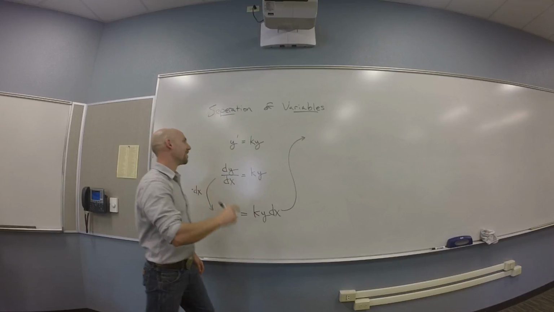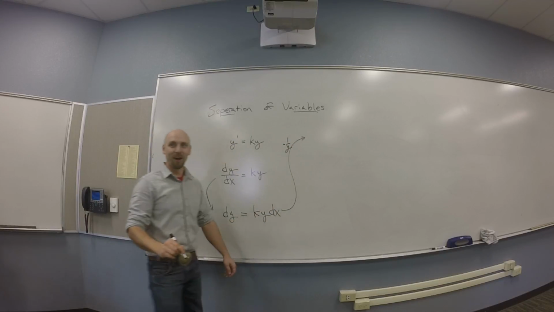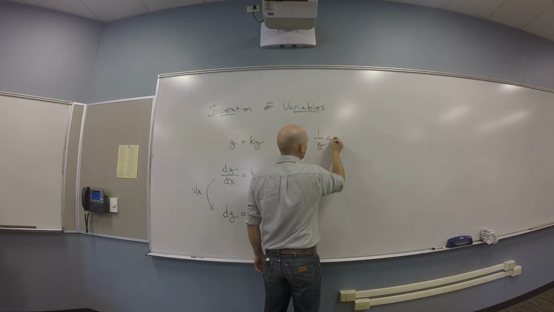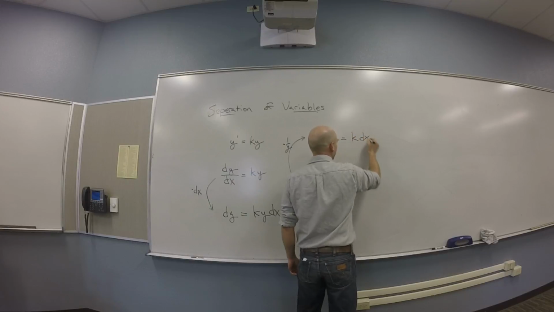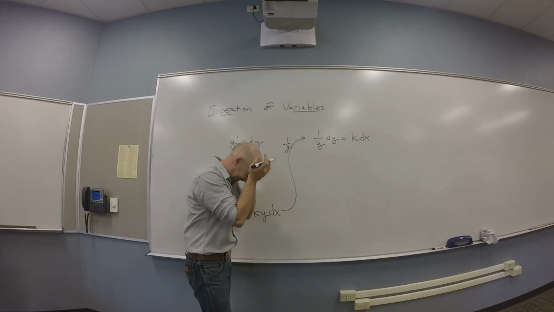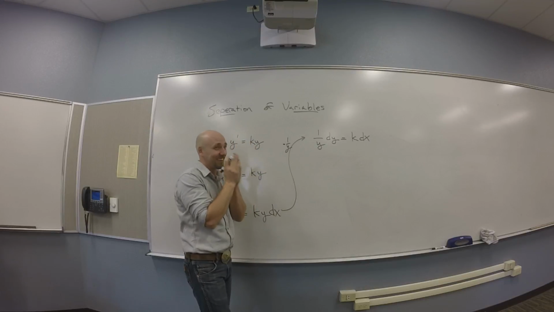So I think I want to divide by y. So I'm going to multiply through by 1 over y. So I'm going to get 1 over y dy is k dx. Okay, we have to think just a little bit harder.